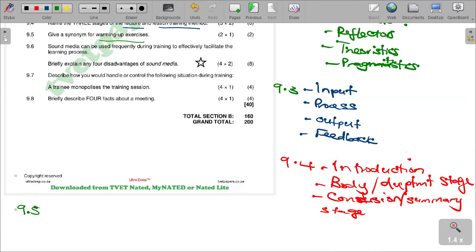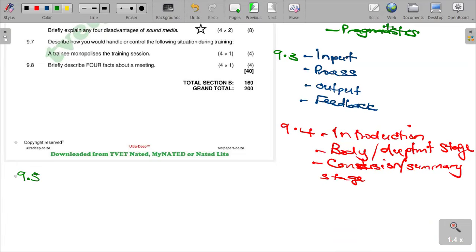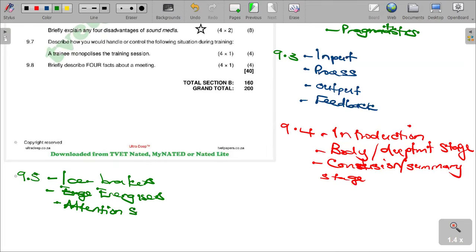One is icebreakers, there is another one called energizers, and then attention switchers, and introductions.